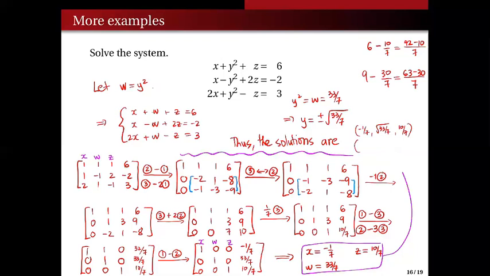And then the other, it's negative 1 over 7, comma, negative square root of 33 over 7, 10 over 7. So these are the two solutions.